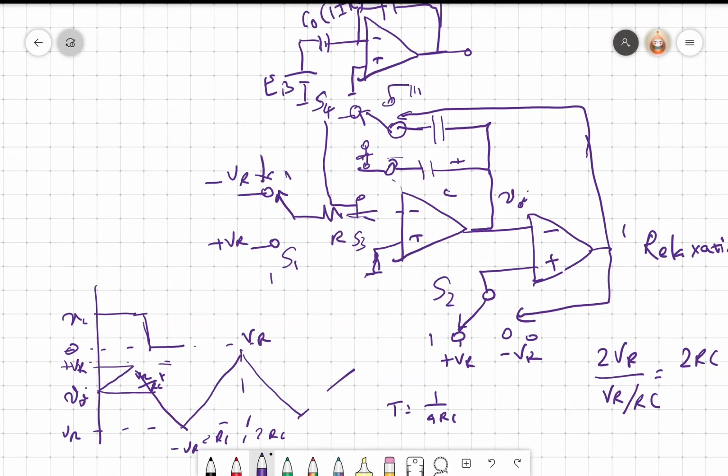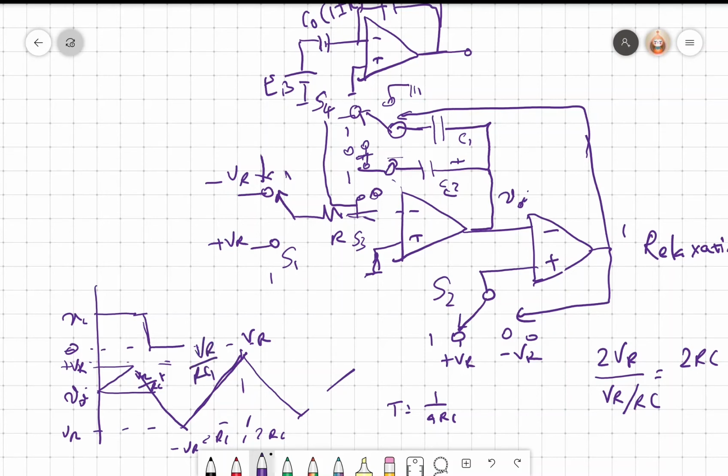Now this is C1 and this is C2. So when it is 1, this will be 1, this is also 1, this is 0, this is 0. So only C1 is connected. So the on time would be VR by RC1.